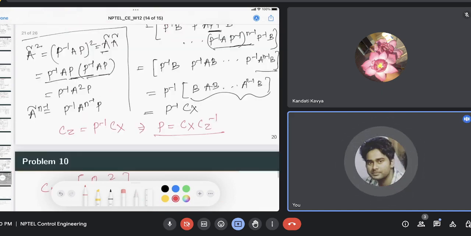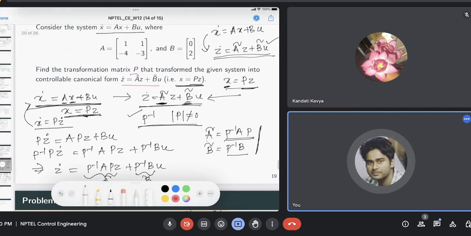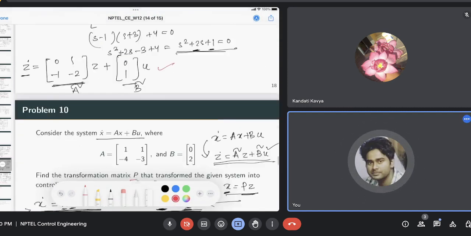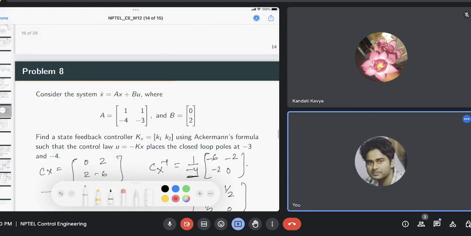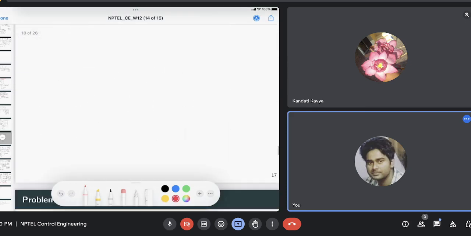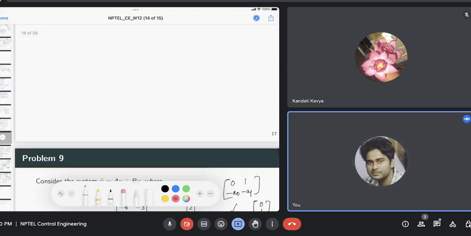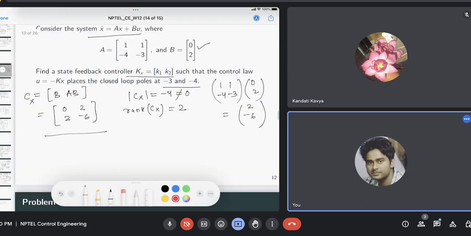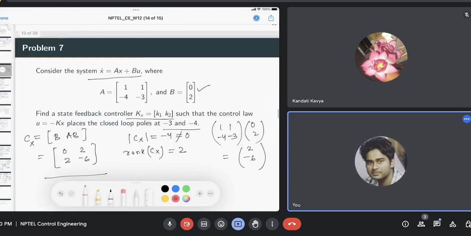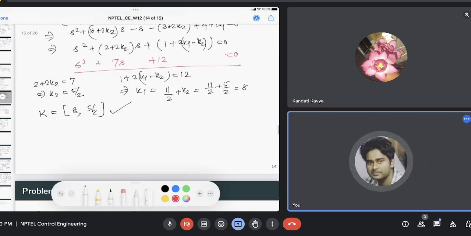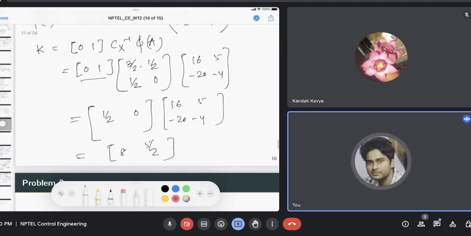Now in the transform domain we will compute the controllability matrix Cz. In the transform domain where we have this z form, I have written that. This is the original one, and we then transform this into the controllable canonical form.